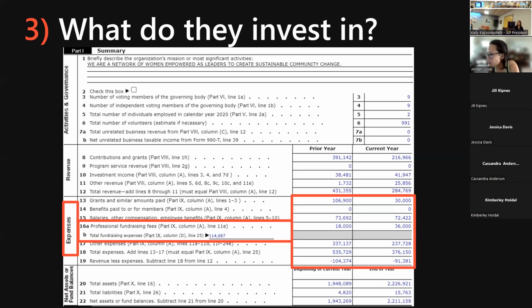It is line 22, net assets or fund balances: $63,772,891. Okay, so 15 of 60, so about 25% of the organization.